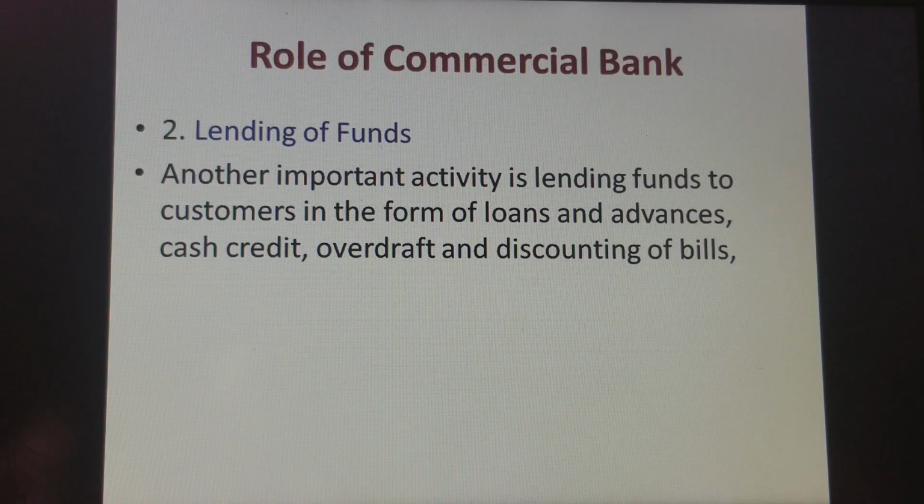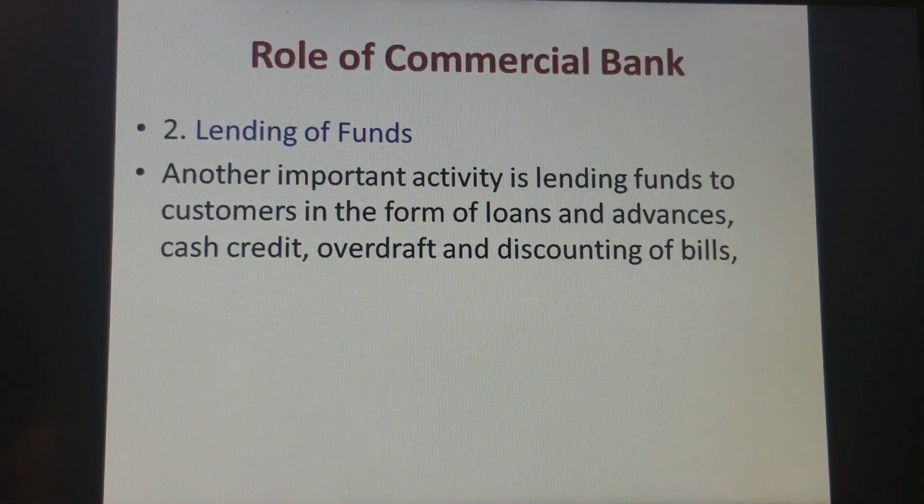They'll give you loans, advances, cash credit, and overdraft, as we said earlier, which allows you to write a check for a little bit more than what you have in your current account. An overdraft is really a short-term loan, and of course there are advances and cash credit, etc. The commercial bank seeks to provide that kind of facility.